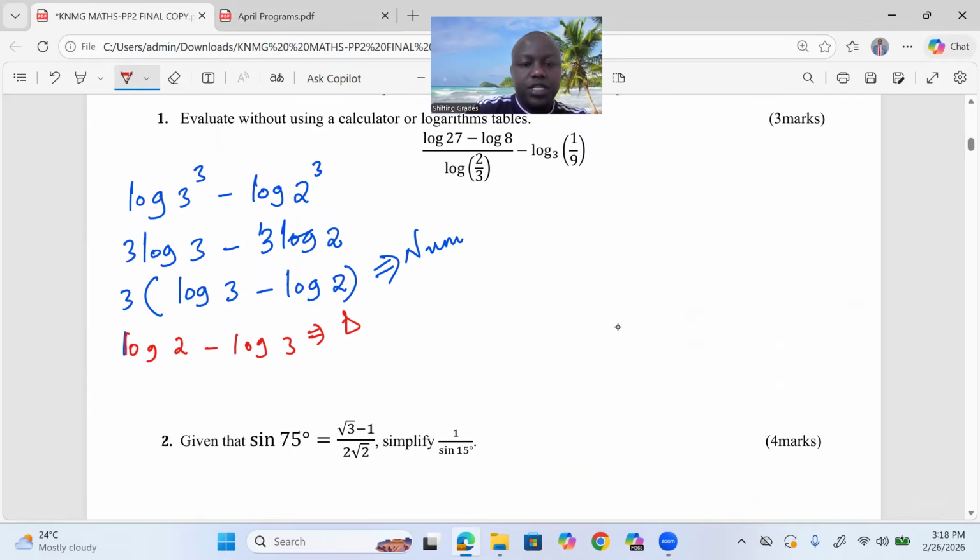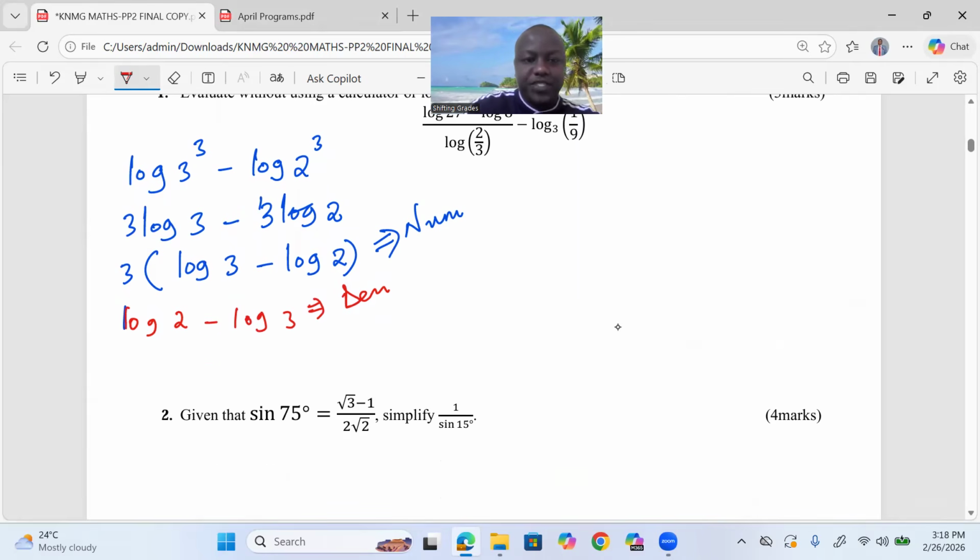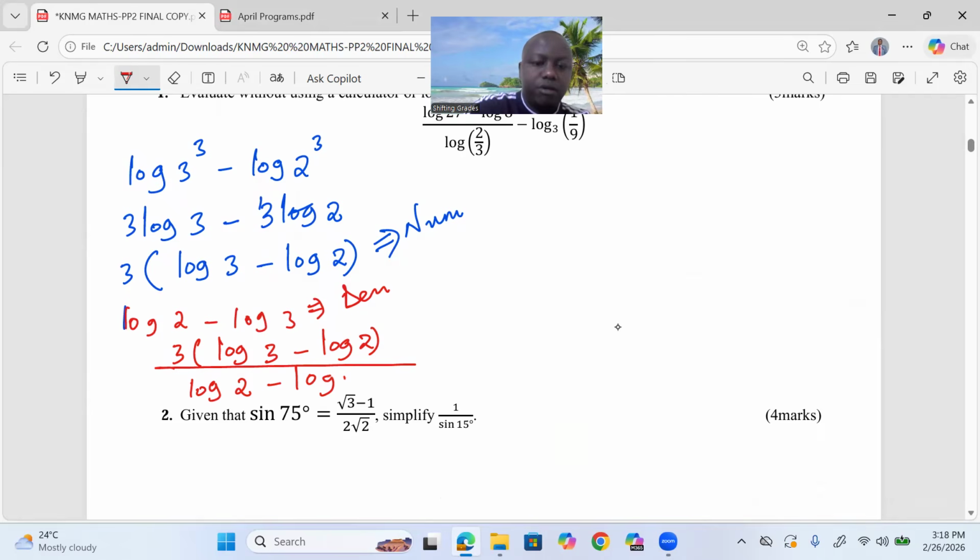So now the numerator and the denominator can be expressed together such that we have 3 times the logarithm of 3 minus the log of 2, then this shall be divided by the logarithm of 2 minus the logarithm of 3.